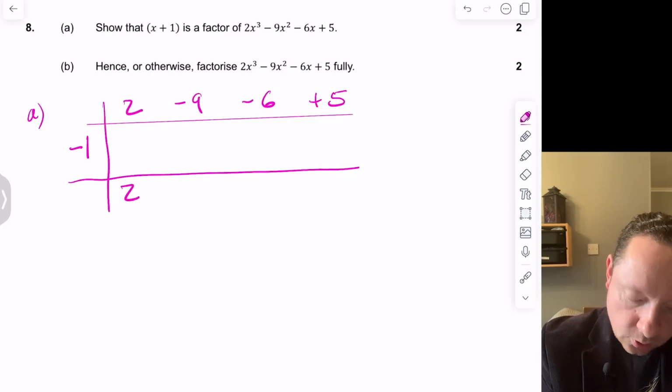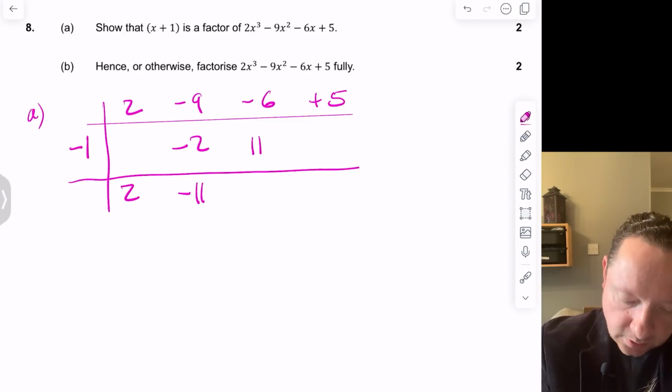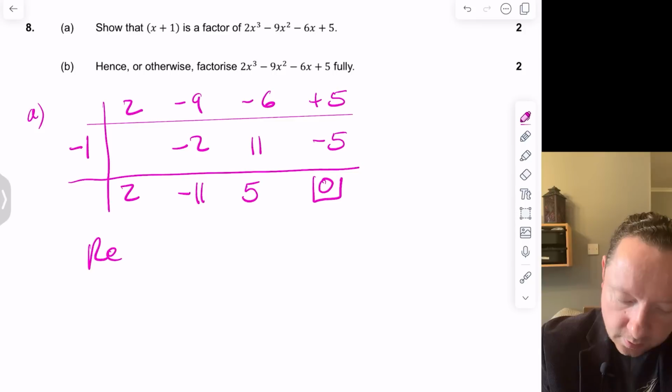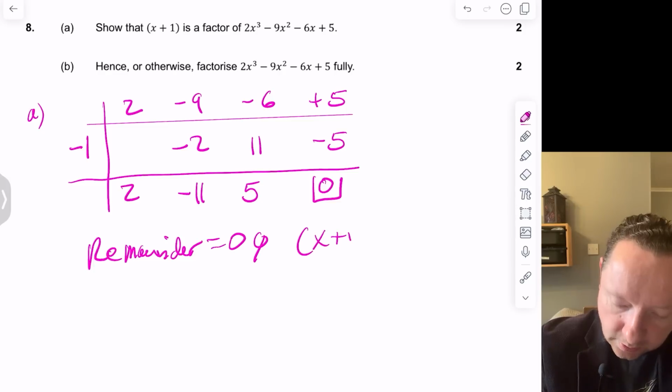Okay, 2. 2 times minus 1 is minus 2. Then you get minus 11 when you add, and then 11. 11 minus 6 is 5. Then you get minus 5 when you times. Minus 5 and 5 is 0. So therefore, I say a little statement. Remainder equals 0. So x plus 1 is a factor.